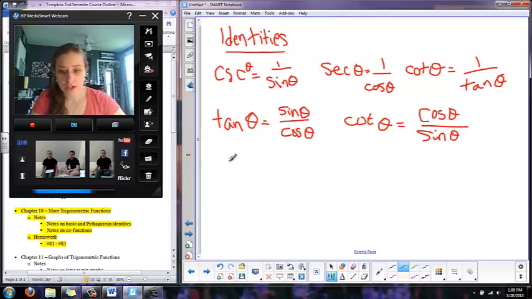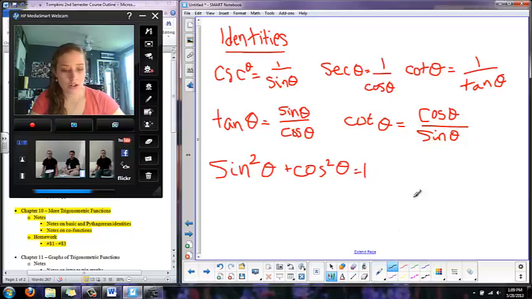And the Pythagorean identity, the one that you should know right off the top of your head, is sine squared theta plus cosine squared theta is equal to 1. Okay, but there are two different ways that we could rewrite this one equation.